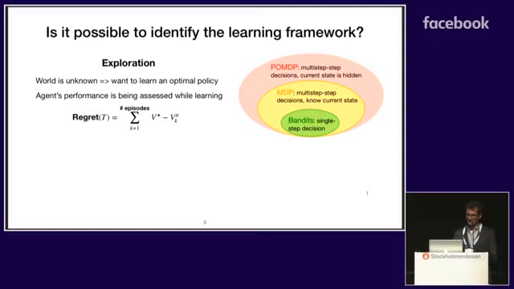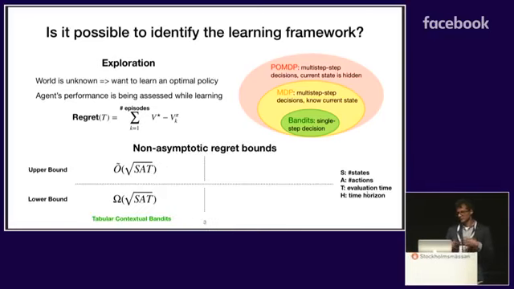to improve your knowledge about the system. And the typical way in which the agent's performance is assessed is by looking at the regret, which is the difference between the maximum expected cumulative reward by following the optimal policy and the one generated by the policy that the agent is taking.